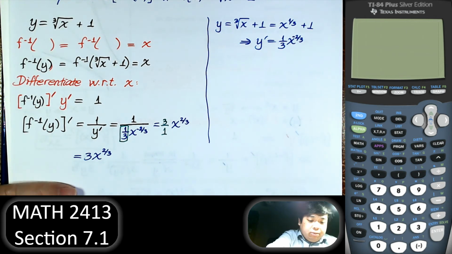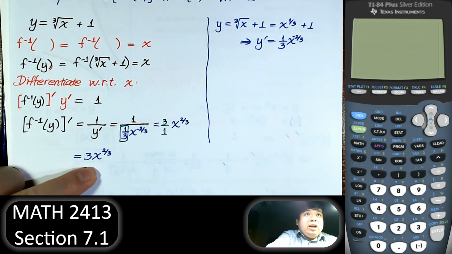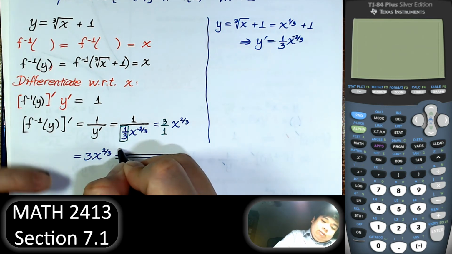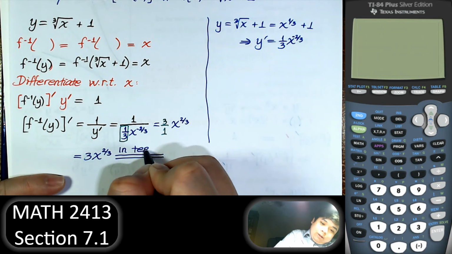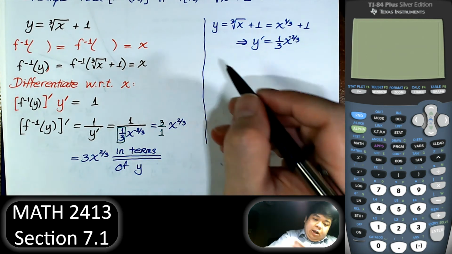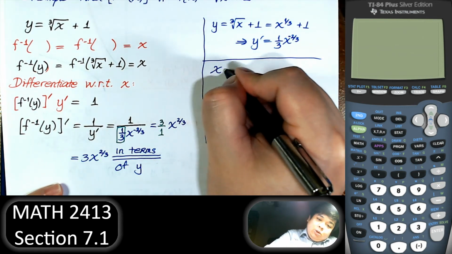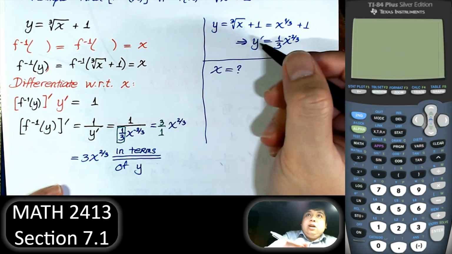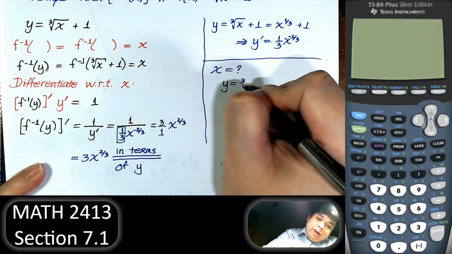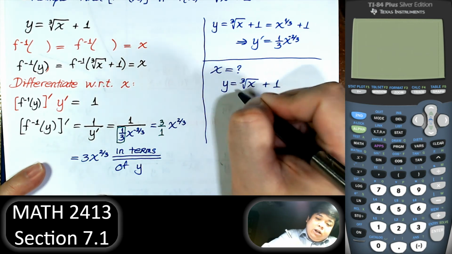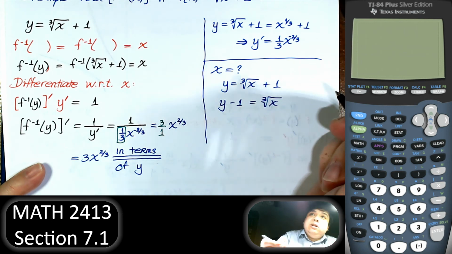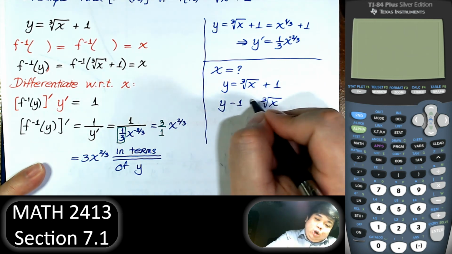Now, here's a little problem. This is the answer in terms of x, so we need to write the answer in terms of y. In that case we have to say x is equal to what? y equal to cube root of x plus 1, subtract 1 on both sides, and then we cube both sides.